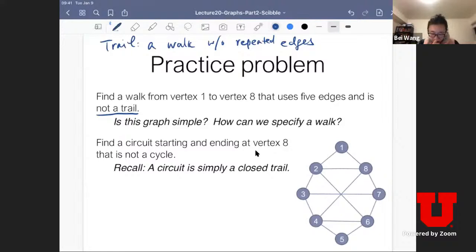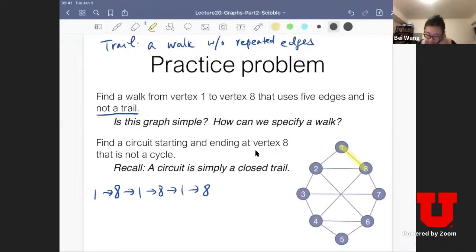So one example is I can go from 1 to 8, back to 1, and to 8, back to 1, and to 8. So pretty much I'm just going between 1 and 8 back and forth.